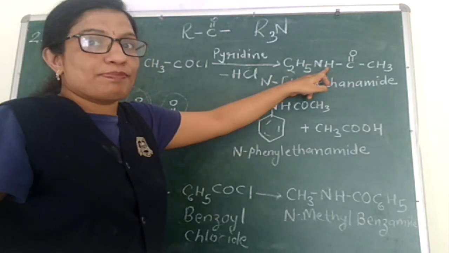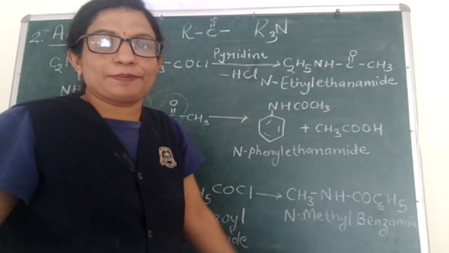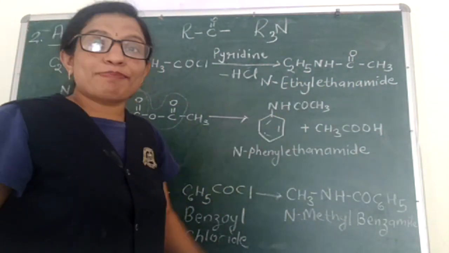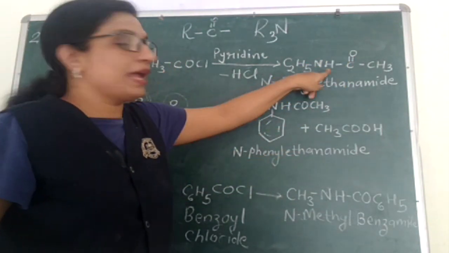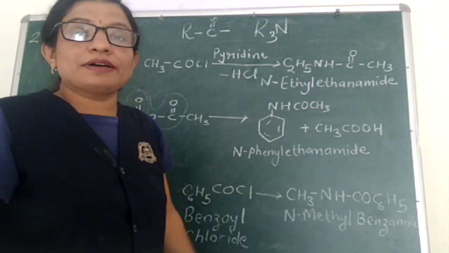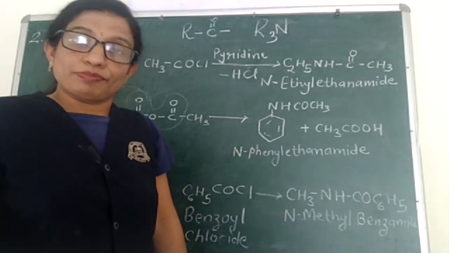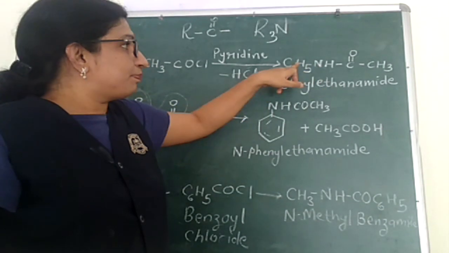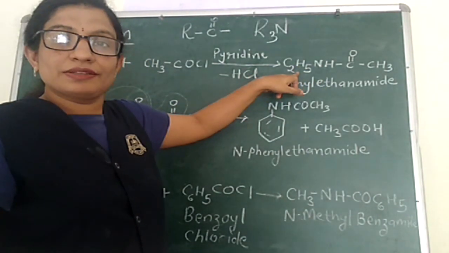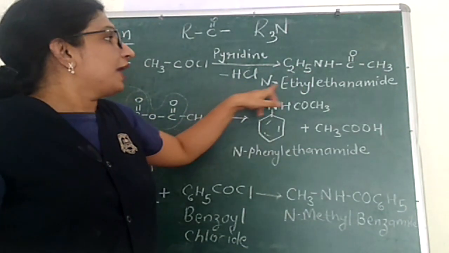And see the product, C2H5NH, where one hydrogen has been replaced by COCH3. So what is this compound? You can see in this compound CONH2 can be considered as the functional group, which is amide. But with nitrogen, one hydrogen is replaced by C2H5, that is ethyl here. So how will we name this compound? N-ethyl.